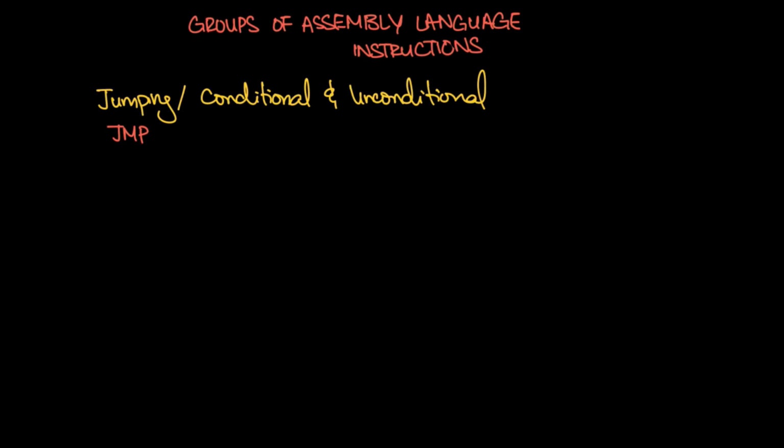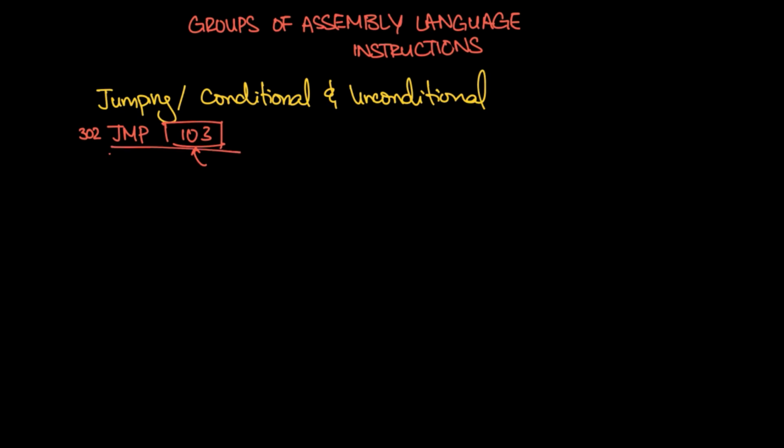Whenever this command runs, it takes a memory address, something like 103. Let's say JMP 103 is instruction number 302.